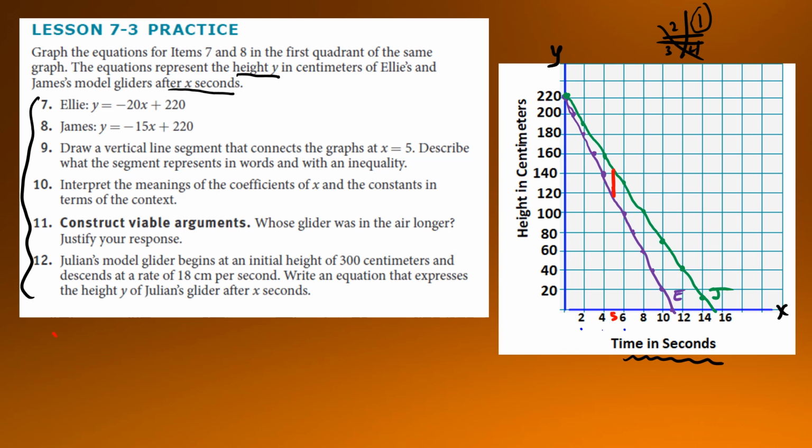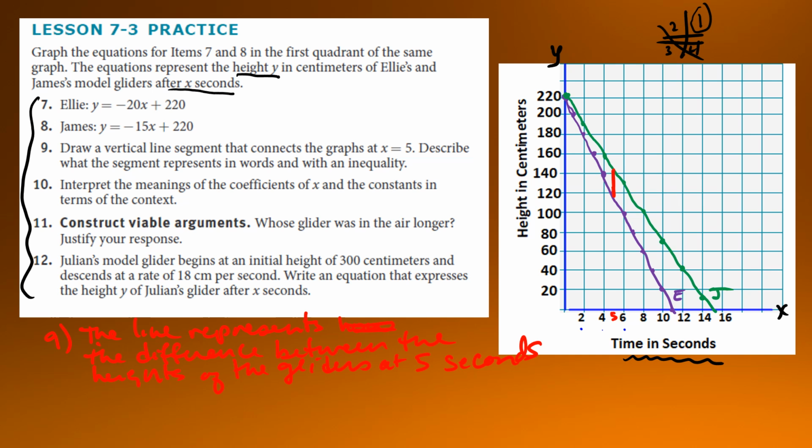All right, so for number 9, the line represents the difference between the heights of the gliders at 5 seconds.